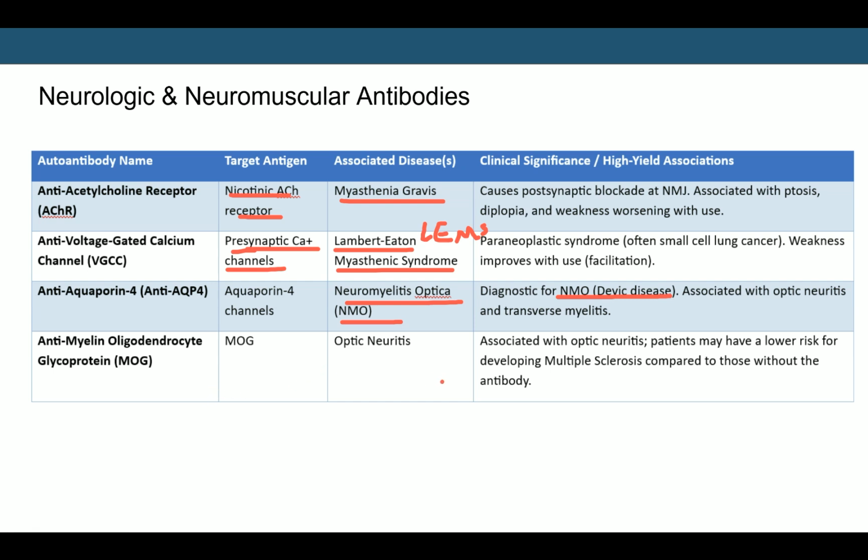It's associated with optic neuritis. Patients may have a lower risk for developing multiple sclerosis compared to those without the antibody. This is more of an obscure one that you should just be familiar with, whereas the other three are very important. The first two are very important. The third one is very, very important for Step 2. The last one is going to be an obscure one that you should just be familiar with.